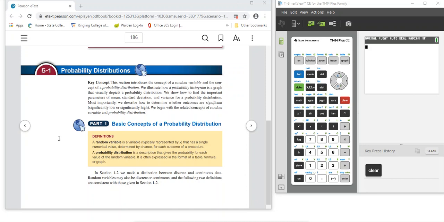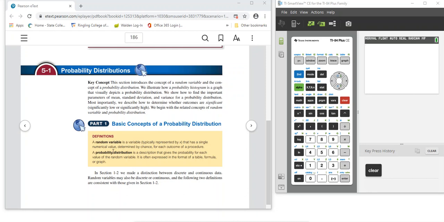So we have a number that comes from a sample space. We think of our inputs coming from a sample space going into the function, and then the associated probabilities of those sample space values are the outputs of that probability function.